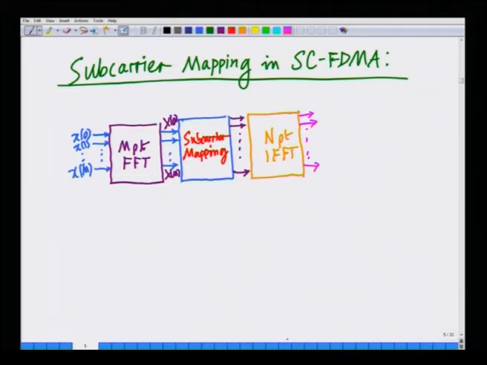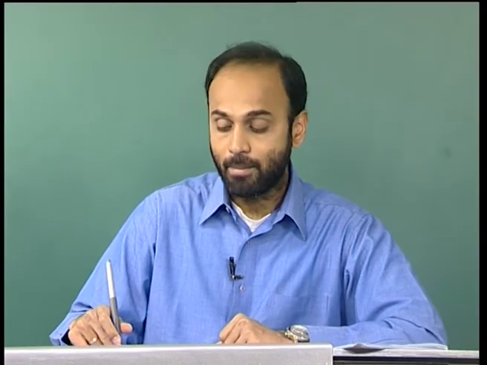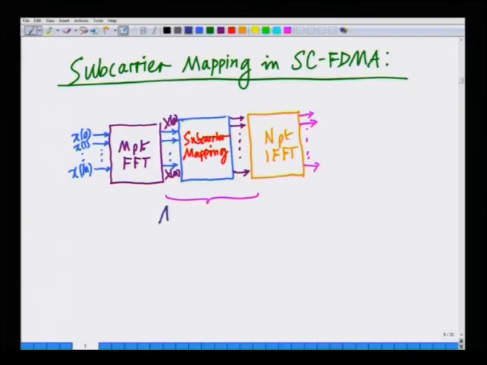So, the essential idea is, how are we mapping from these capital M to N subcarriers, M to N?